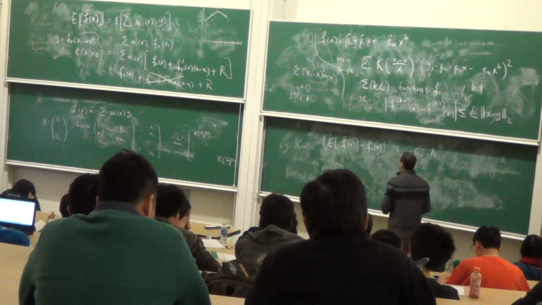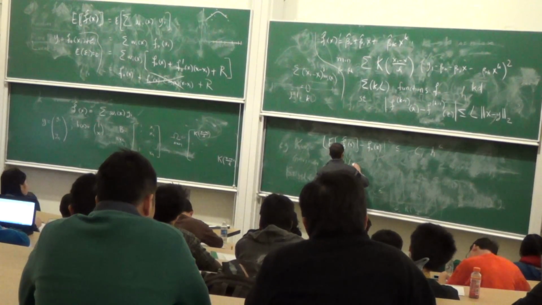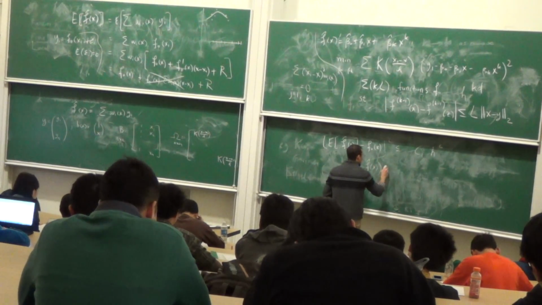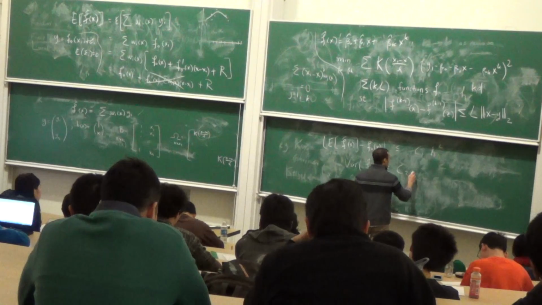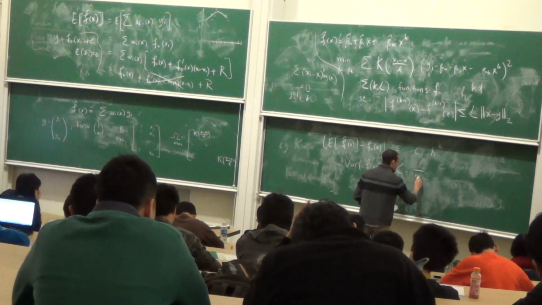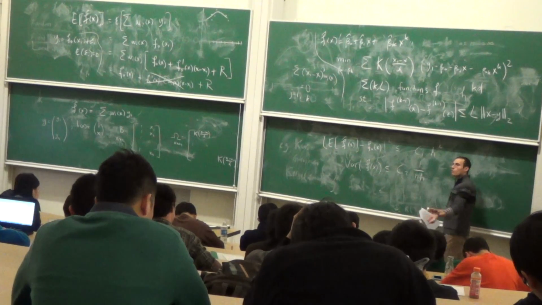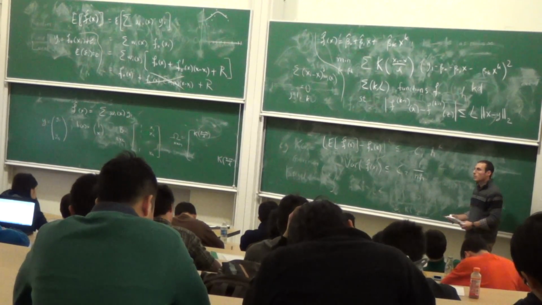And the variance at a fixed point x is less than or equal to another constant times 1 over n times h. h is the bandwidth. k is the order of the polynomial that we're using for our local polynomial regression.